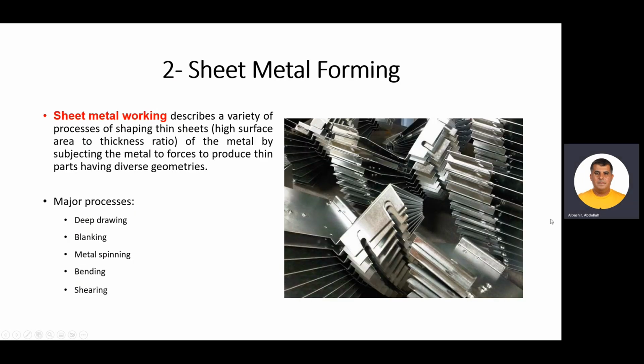The second workshop is the sheet metal working workshop. In sheet metal working, there are a variety of different processes that are done to form sheet metal. Sheet metal is a form of metal that has a high surface area to thickness ratio.